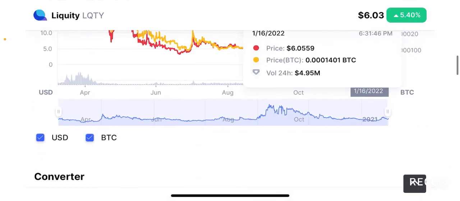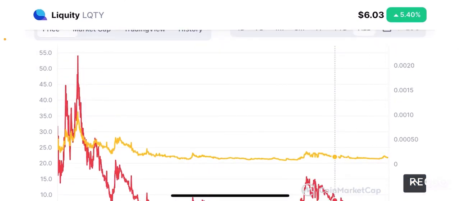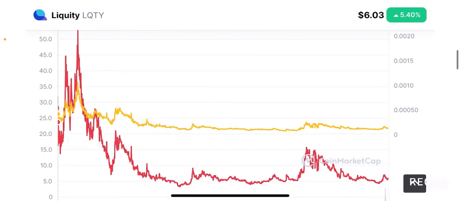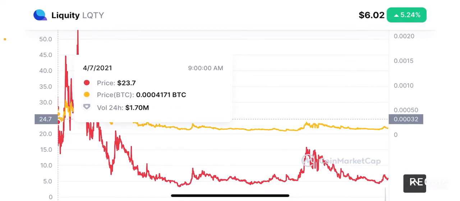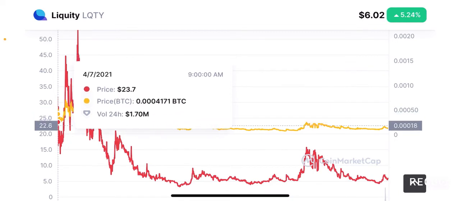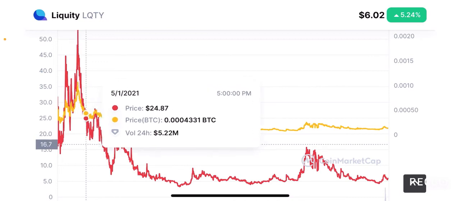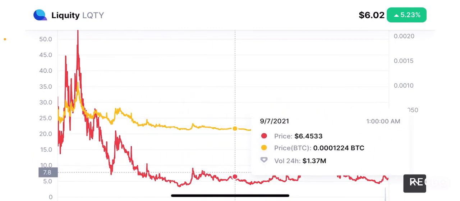When it comes to the Bitcoin comparative itself, the token definitely has a similar price pattern to the dollar comparative. In fact, this token was worth about 4,100 satoshis per token initially during April last year, and then it reached a new all-time high of about 9,000 satoshis per token toward the end of April, but it went back down, pretty much reaching close to 1,500 to 1,600 satoshis per token throughout.